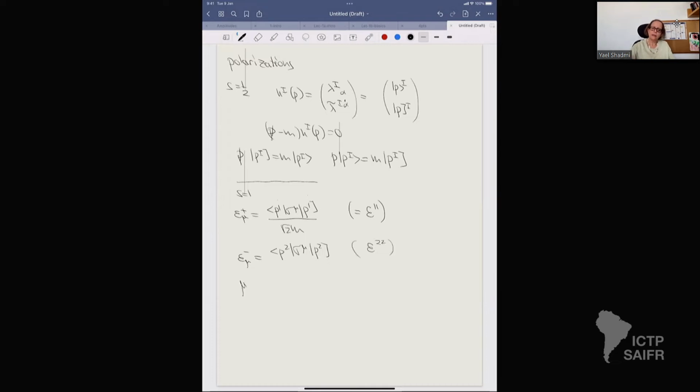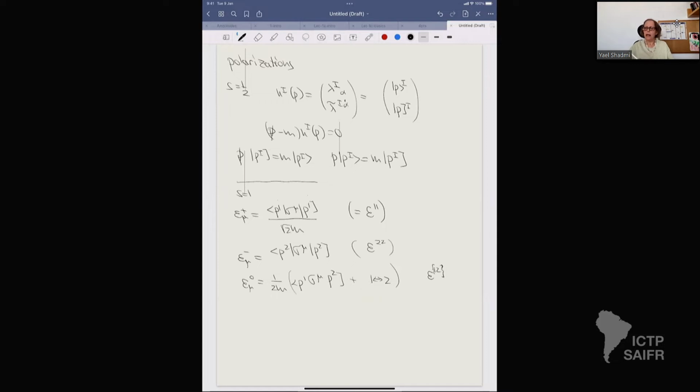And epsilon mu 0 is 1 over 2m times <p1|sigma mu|p2] plus the same thing with 1 and 2 exchanged. So it's symmetric under the exchange of the two indices 1 and 2 here. So this guy we're going to call epsilon 1,2. And the important thing here is that the 1 and 2 are symmetrized.